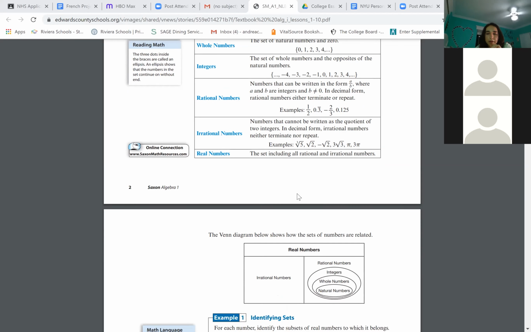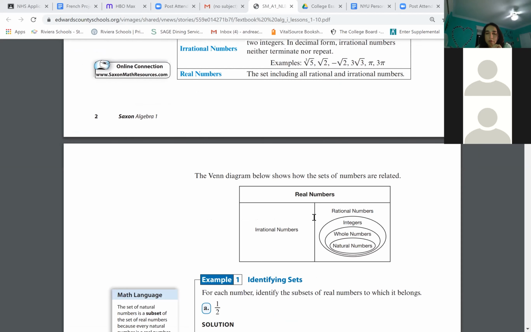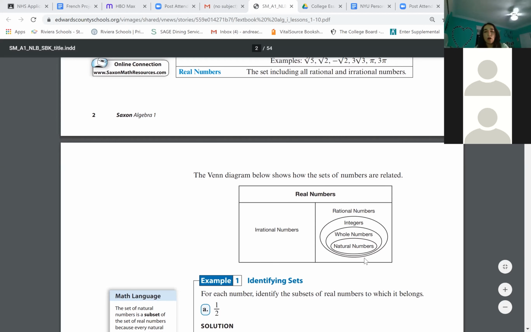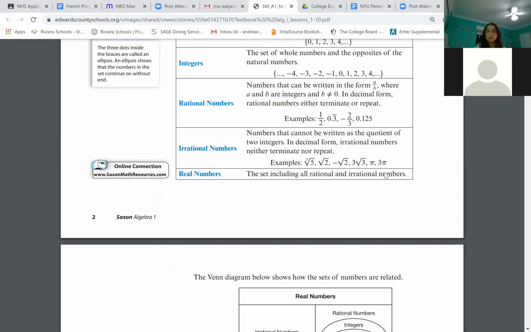And so yeah, this Venn diagram is really helpful. So natural numbers are inside all of the above, and irrational numbers are their own thing. I would always refer back to this.